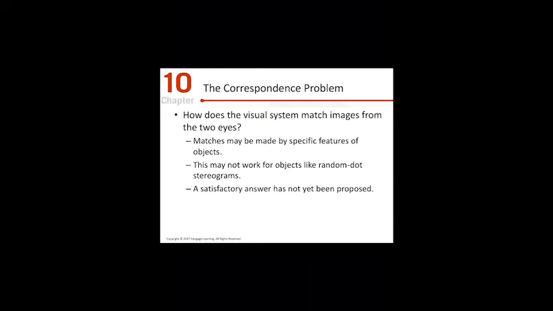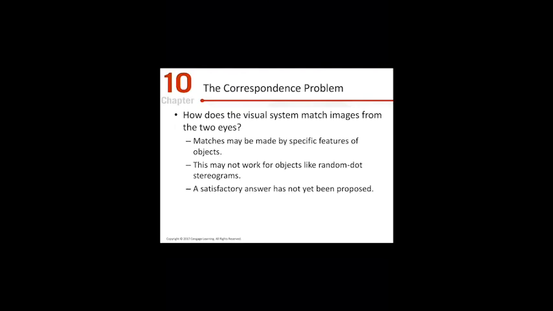How does our visual system take these two slightly different images, one from the left and one from the right? Assuming that this is a completely normal functioning eye, there's no mismatch, and no weaker or stronger eye due to a strabismus.